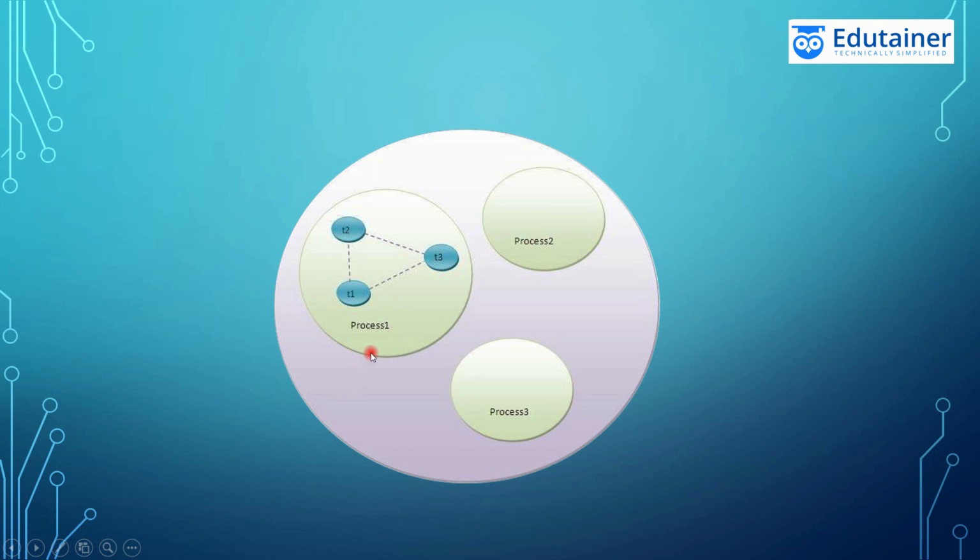Inside these processes, or we can say inside each program, you have threads. Running multiple threads in a single program is known as multi-threading. In a single program you can have multiple threads, like you can see over here T1, T2 and T3, three threads. So in a single process you have multiple threads, and controlling those multiple threads is known as multi-threading.